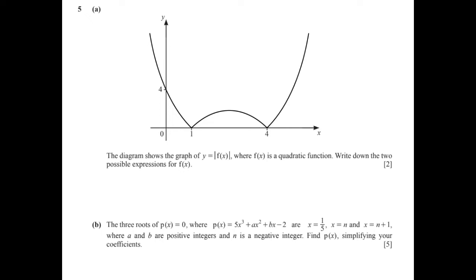You notice there we have the roots at 1 and 4. We have the y-intercept at 4. And then b is cubic and completely unrelated to a, so we'll have to go through that.